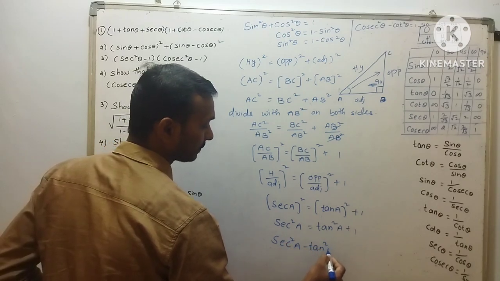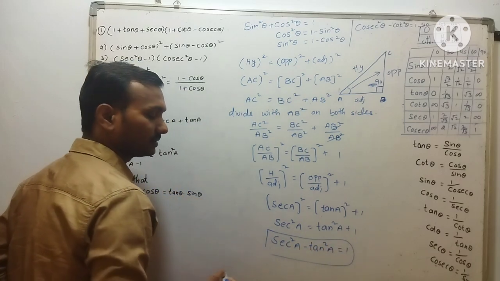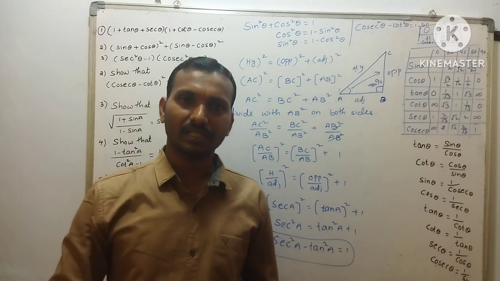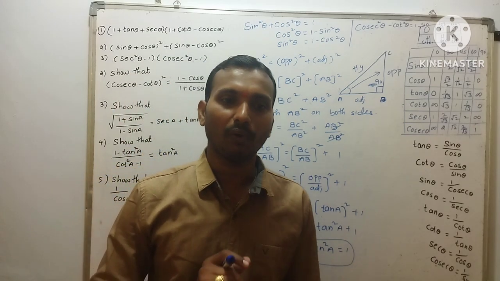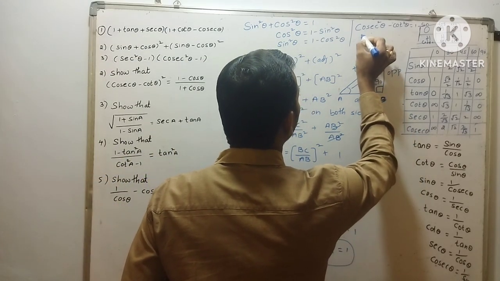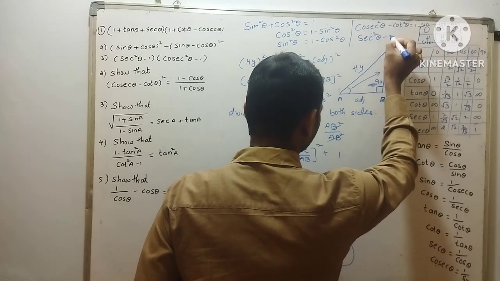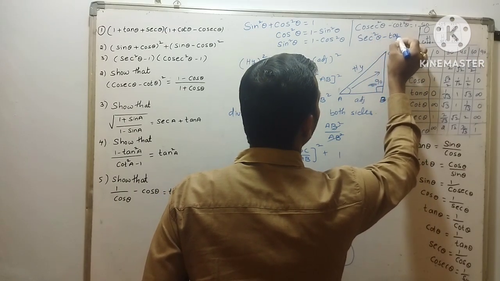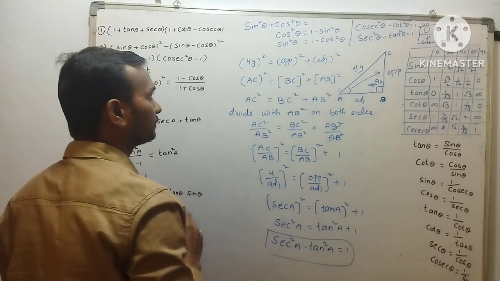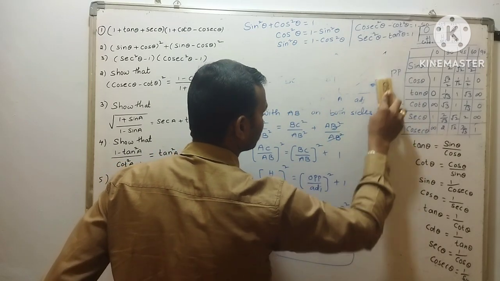So this is the identity number 3: secant square A minus tan square A is equal to 1, that is secant square theta minus tan square theta is equal to 1. We are going to use these 3 identities to solve these problems. Now we will see the questions one by one.